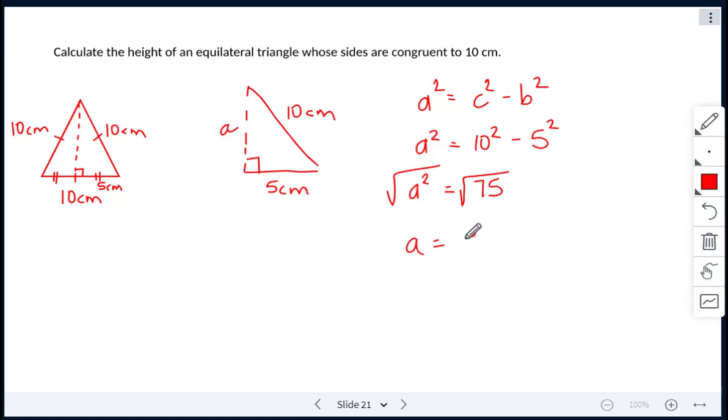So we will just round to the nearest hundredth, so 8.66 centimeters. Okay, so therefore the height, which is what we just solved for, is 8.66 centimeters. All right, so we'll stop here.